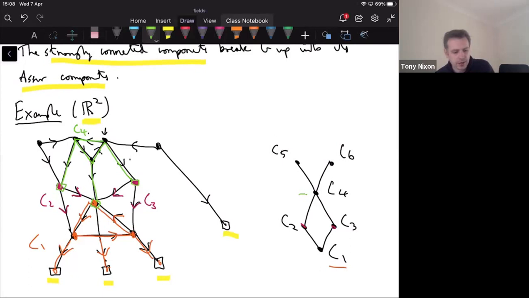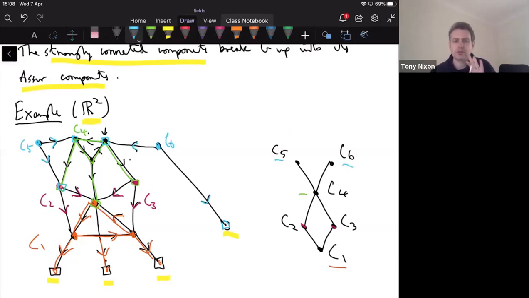And then again, at the end, I have two choices for the remaining components. I can either just take this vertex and its two outgoing edges to pins, or I can take this one and its two outgoing edges, one to a vertex that I've reinterpreted as a pin and one to an actual pinned vertex. So there's my C5 and C6, which you can see over here.